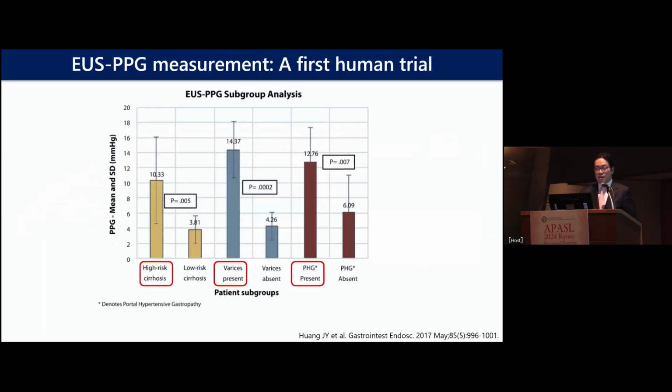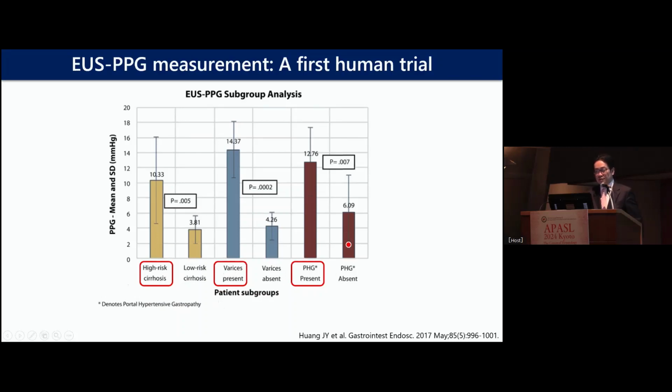By measuring this gradient, you can make a correlation with clinical outcomes, like high-risk cirrhosis or risk of varices and portal hypertensive gastropathy. And this is the first human trial.